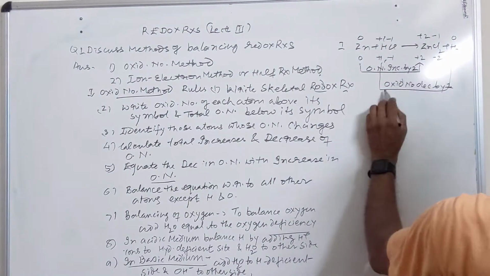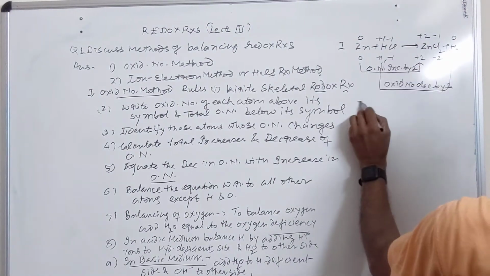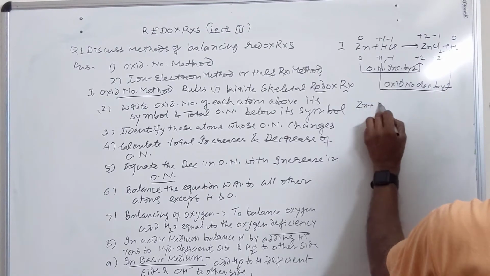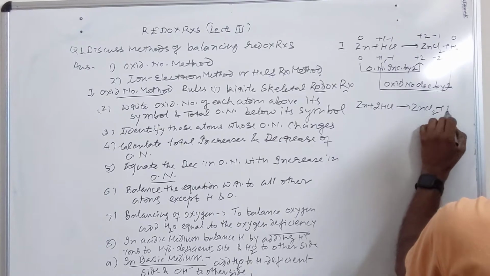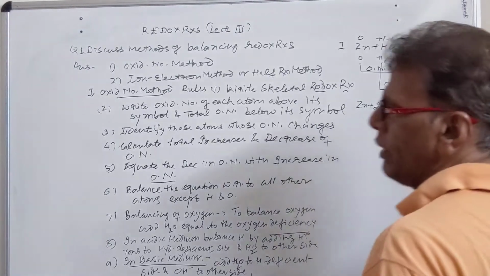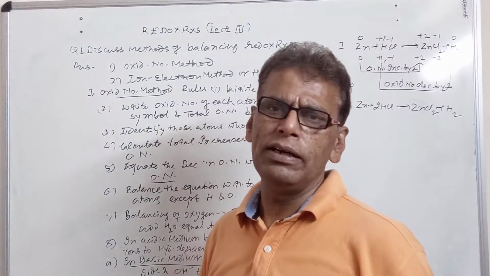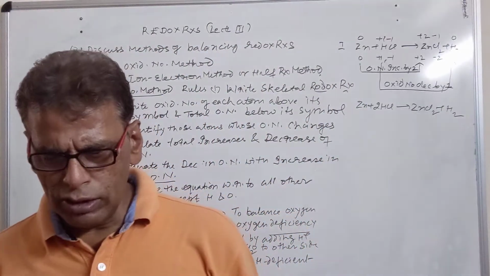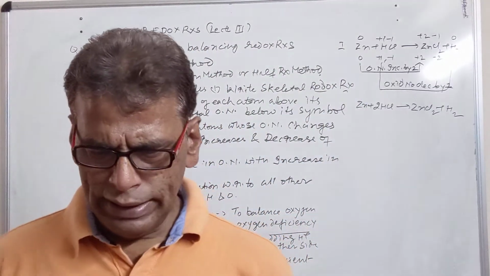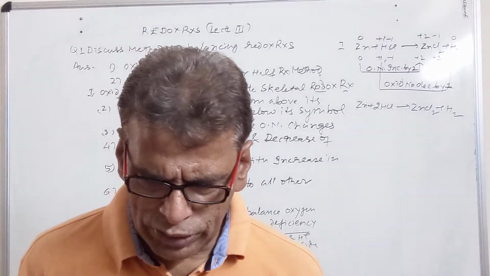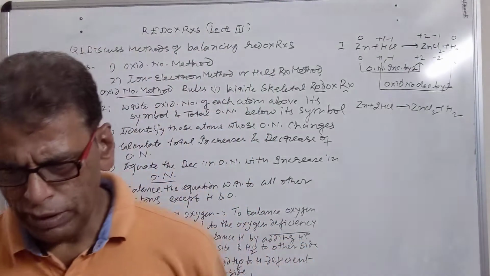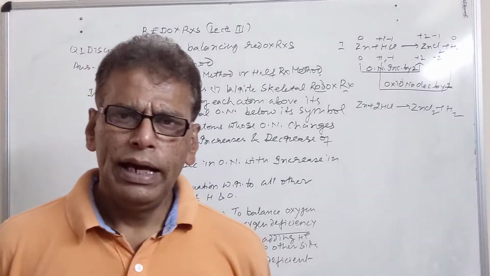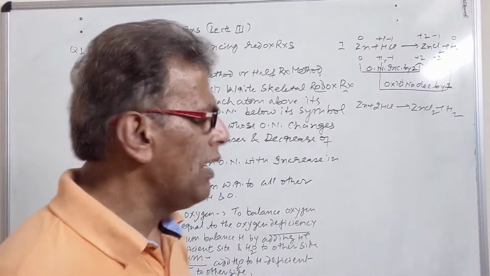In order to balance hydrogen, multiply HCl by 2. The reaction was not taking place in acidic or basic medium, so that step is not used here. So this is the balancing of a redox reaction by the oxidation number method, and similarly we can balance other reactions.